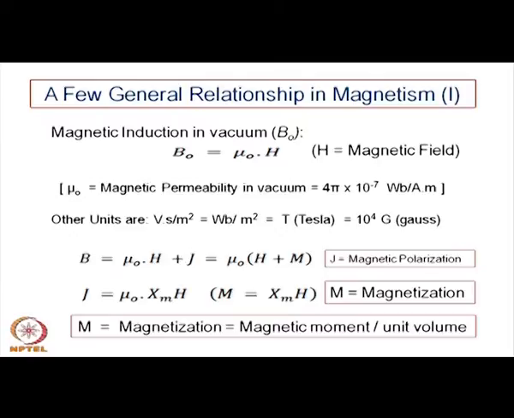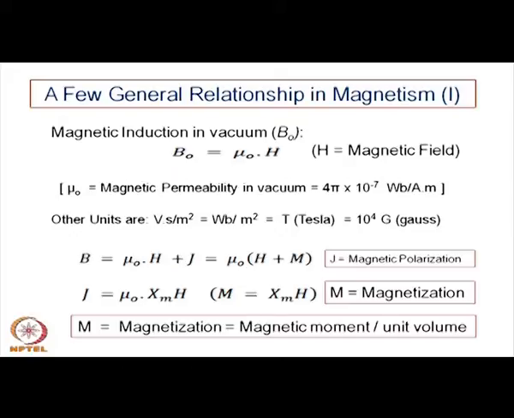The units are volt second per meter, that is the same permeability. It is also written as Weber per meter square, which is also Tesla, which is nothing but 10 to the power 4 Gauss. So, for the measure of magnetic field, there are various different units used in the literature.